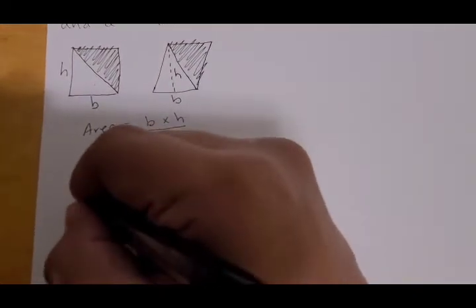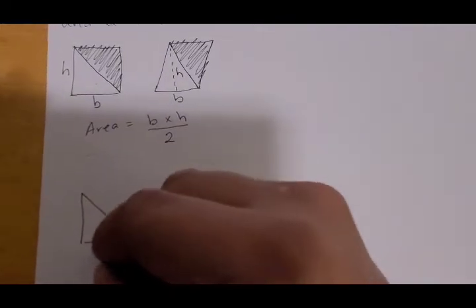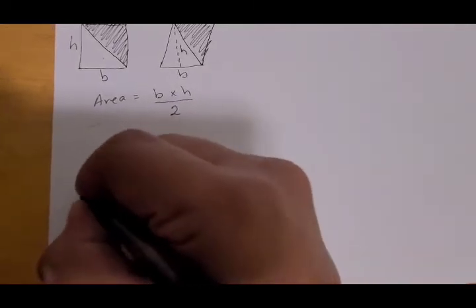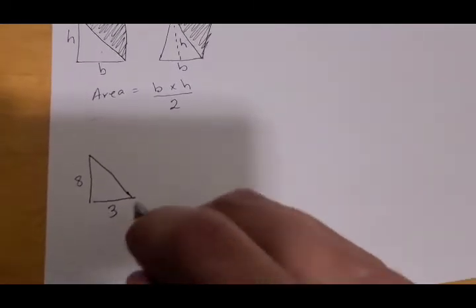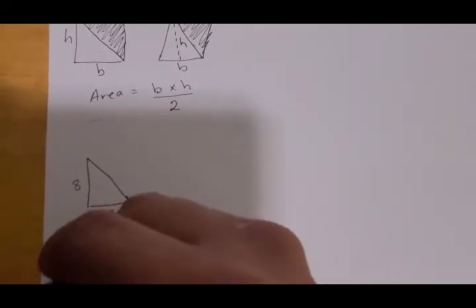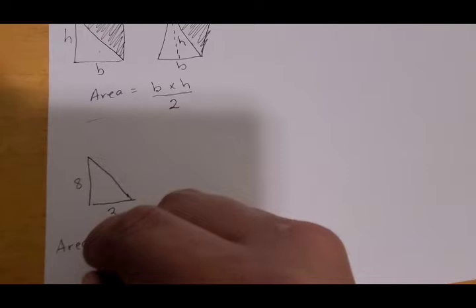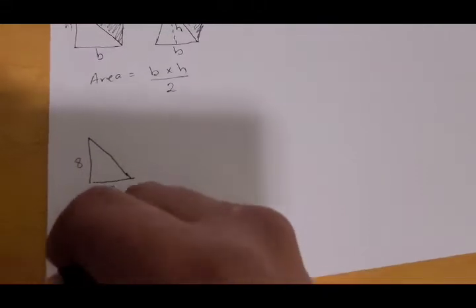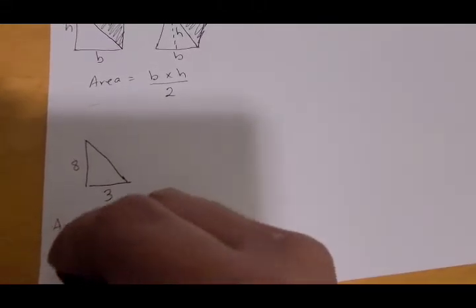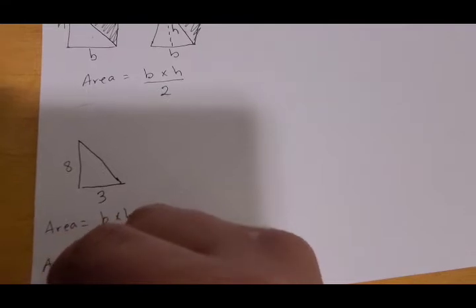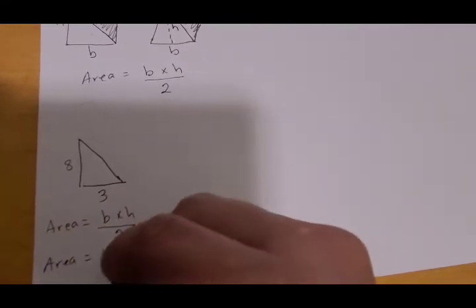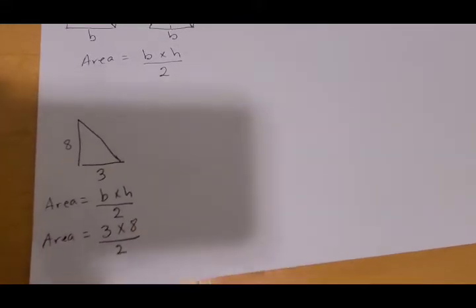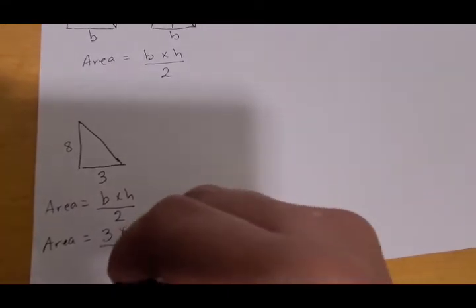Now, let me give you an example. If we have our triangle right here with a base of 3 and a height of 8, we know that our area equals base times height divided by 2. After we plug in the values, area equals 3 times 8 divided by 2. 3 times 8 is 24.